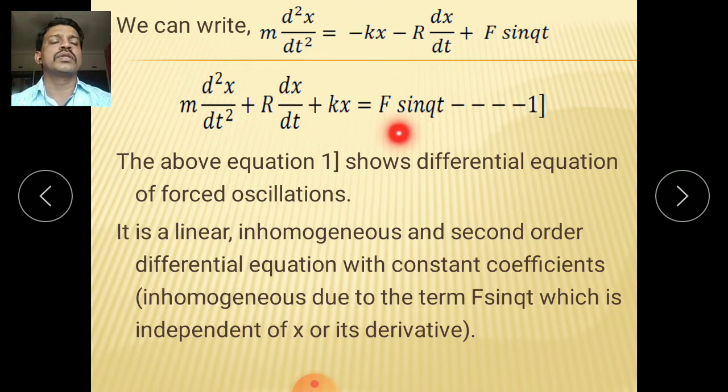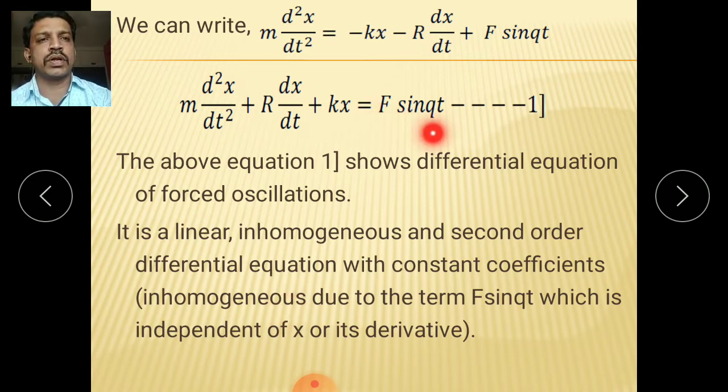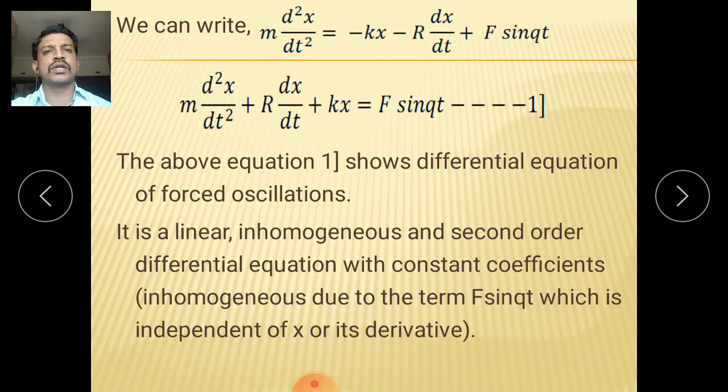If the x quantity is present, or a zero is on the right side of the equation, then we say that it is homogeneous. But here the f sin qt term is present, and in this term there is no x quantity or its derivative or zero. Therefore we say that it is inhomogeneous.